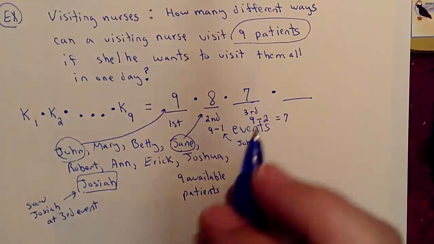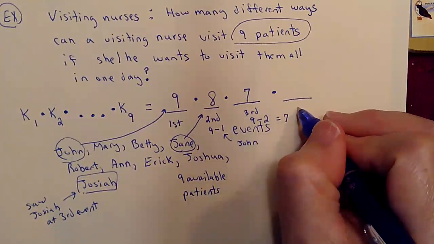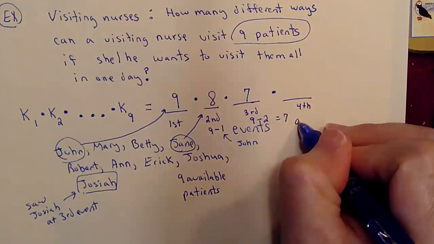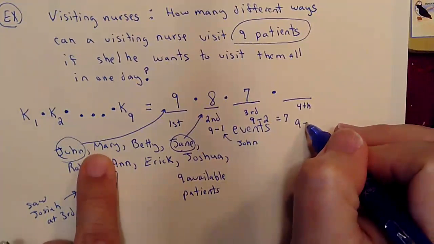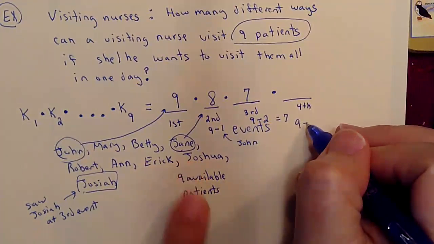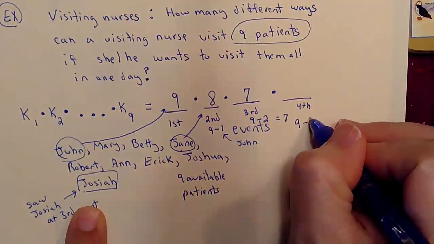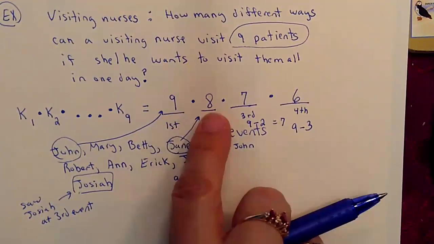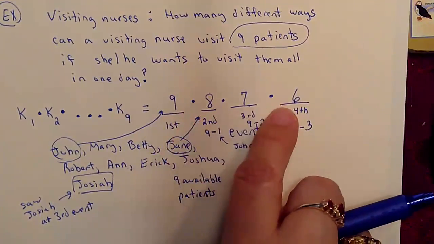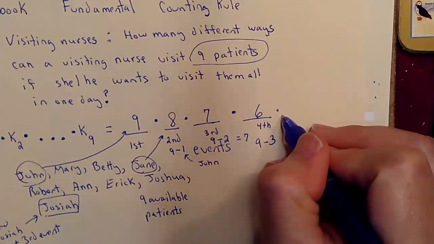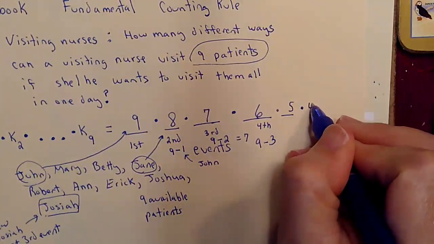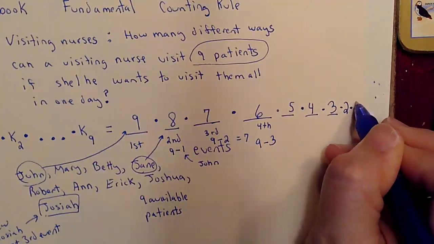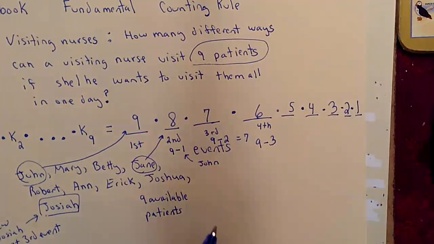So now on the fourth, you have 9 minus, not including John again, not including Jane, and not including Josiah. So now you have 9 minus 3, which is 6. You start getting a feel for the pattern. It's decreasing: 9 times 8 times 7 times 6. Then times 5, times 4, times 3, times 2, and I believe even times 1, because she's going to do 9 visits.